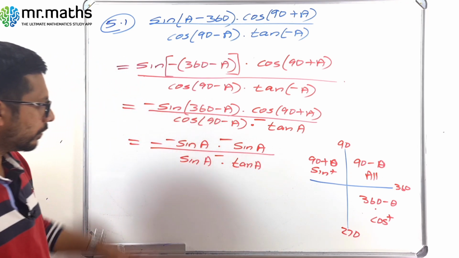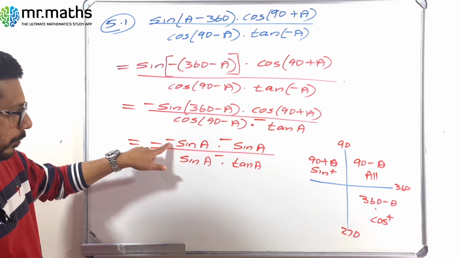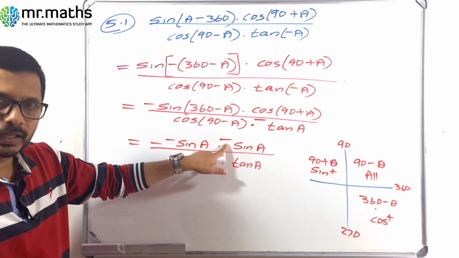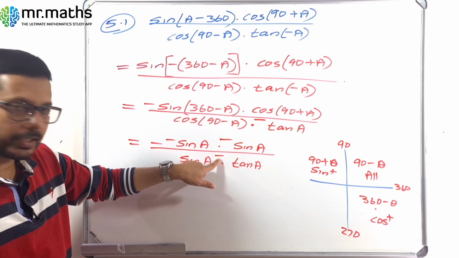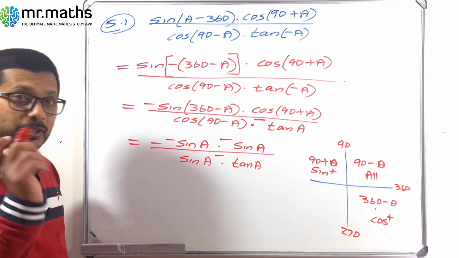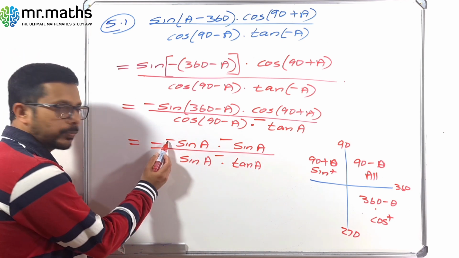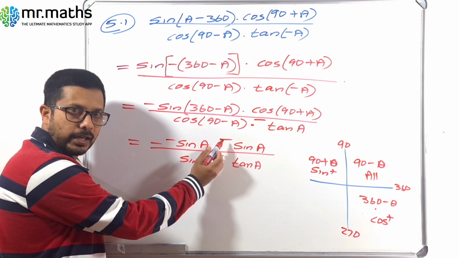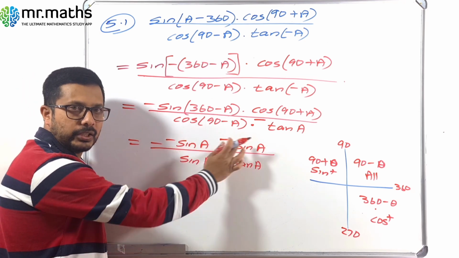So now look at this one. Minus times minus is positive. Positive times negative, negative. Negative divided by negative, positive. Listen once more. Minus times minus, positive. Positive times negative, negative. So the numerator is negative. Am I right?